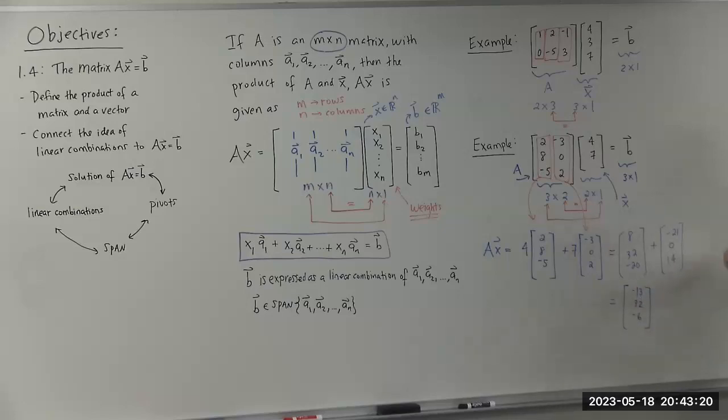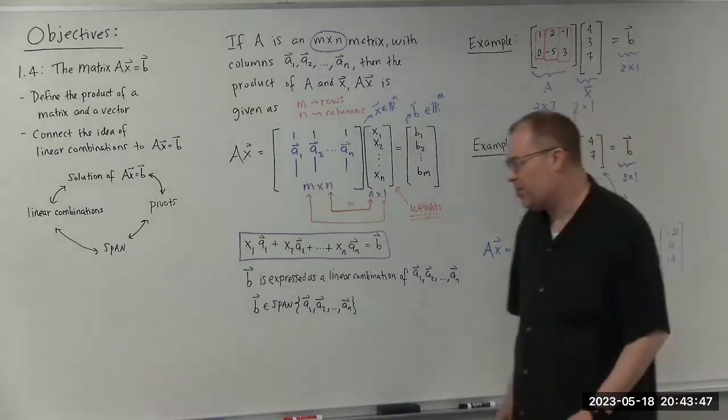If you take an arrow and draw it from the origin to this point, that gives you the vector. So this vector can be expressed as a linear combination of this vector and this vector. We say that this vector lives in the span of this vector and this vector.